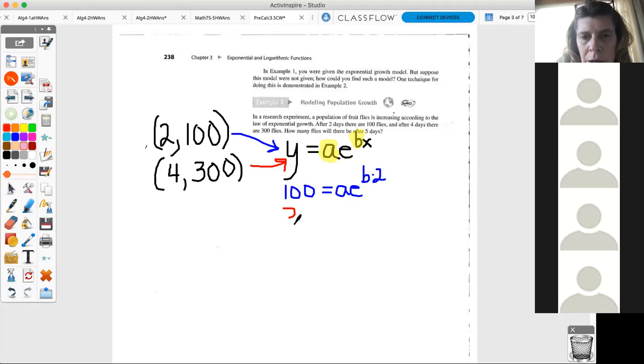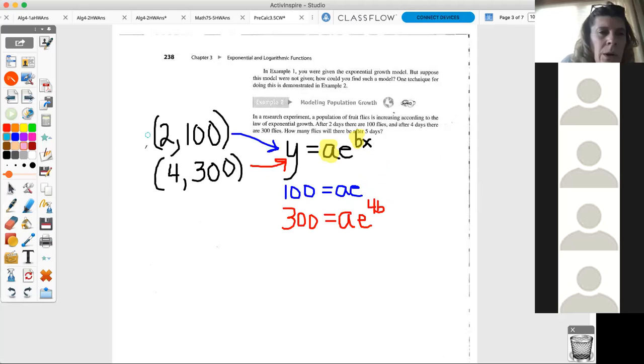So that would be 300 equals a e to the, I'm going to just put it in the right order. Let's do that. I'm going to change this one up too. Okay, now here's my problem.